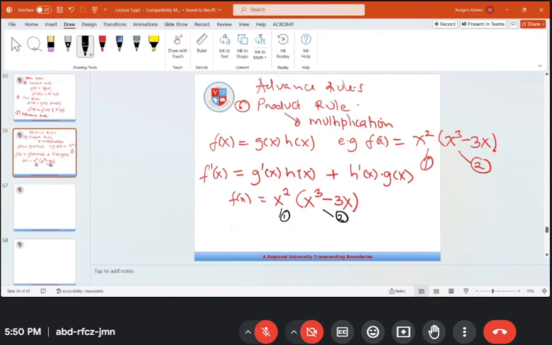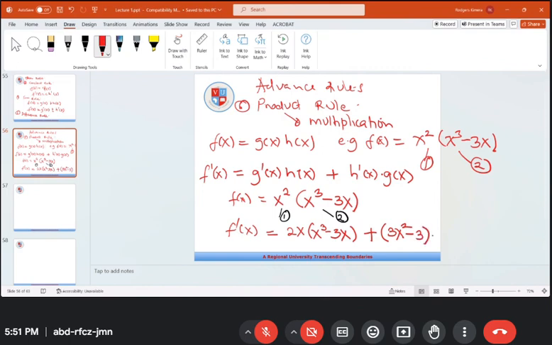If we want f prime x, we say to get the derivative of the first function, which is 2x, times the second function, plus derivative of the second function, which is going to be 3x squared minus 3, times the first function, which is x squared.